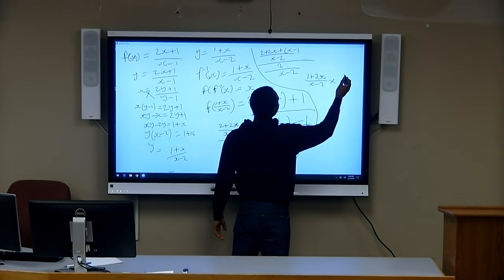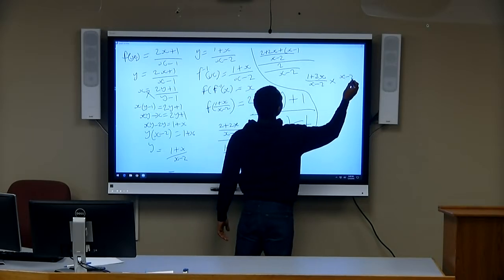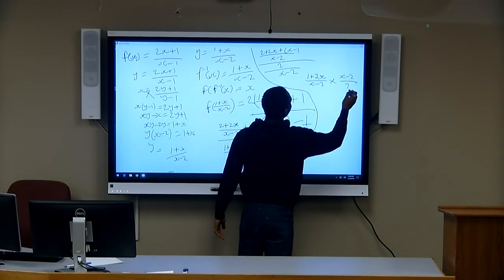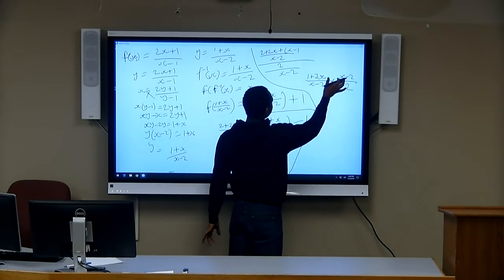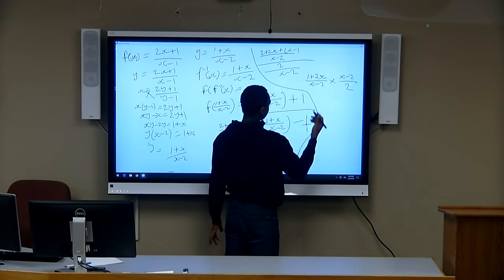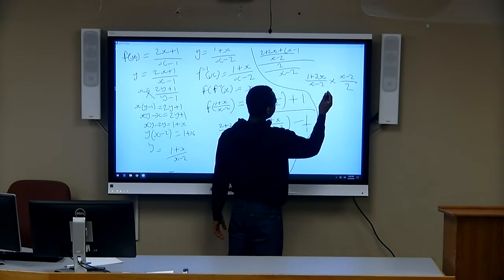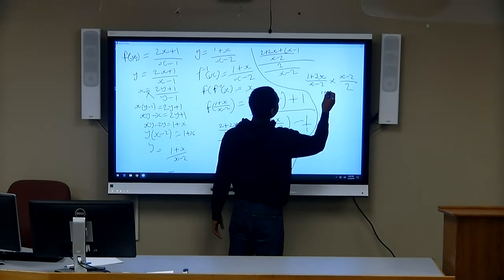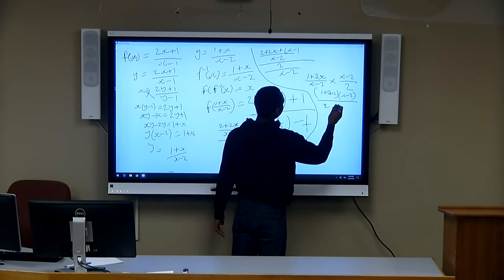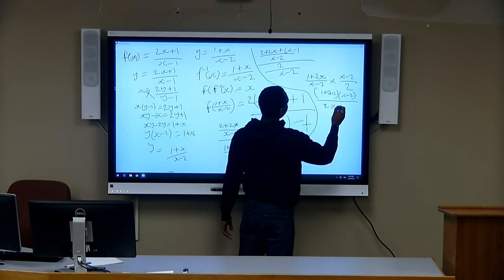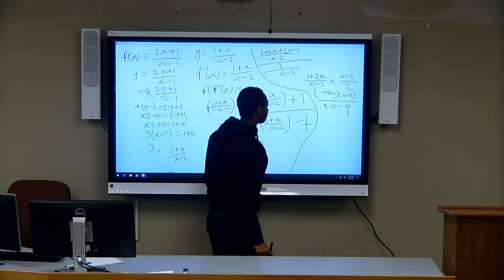If we do that, it's going to be x minus 2 all over 2. So we're going to multiply this 2 and multiply this 2 and see if it will give us x. If we multiply this 2, it's going to be 1 plus 3x into x minus 2 over 2x minus 4.